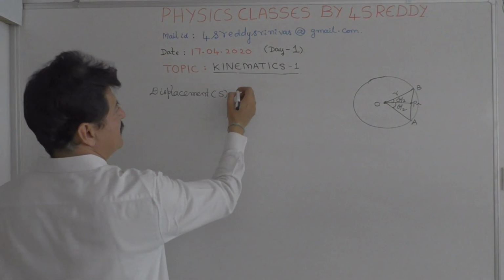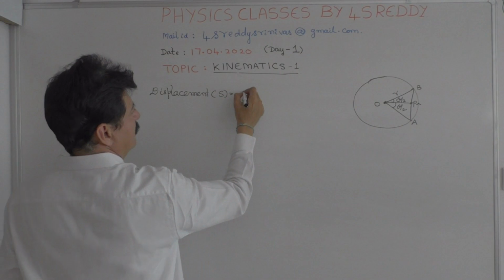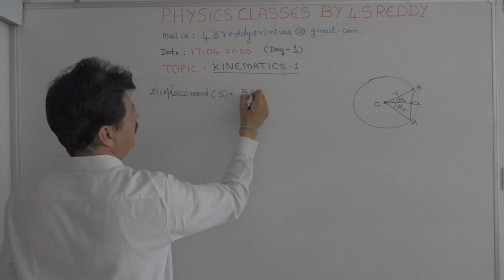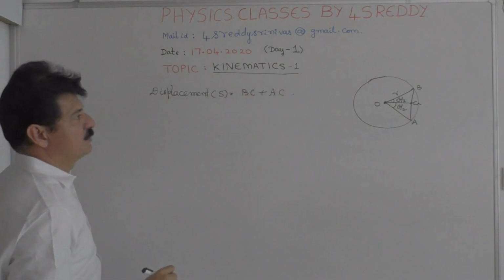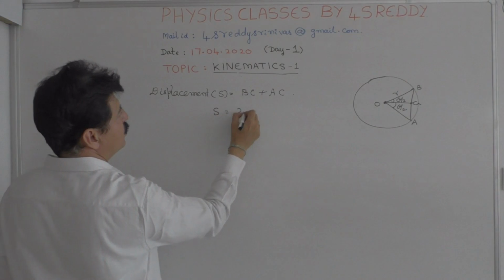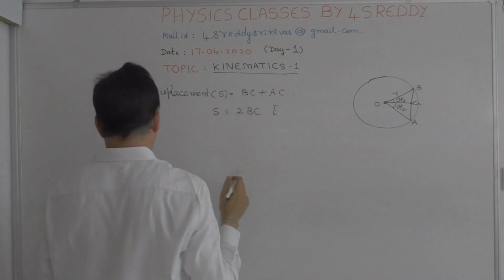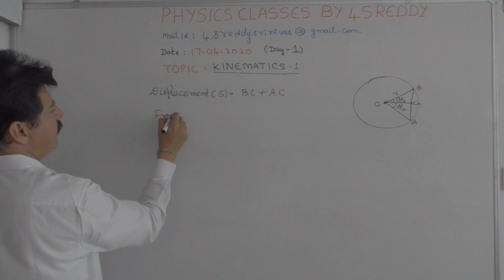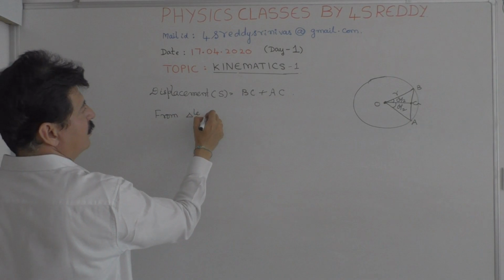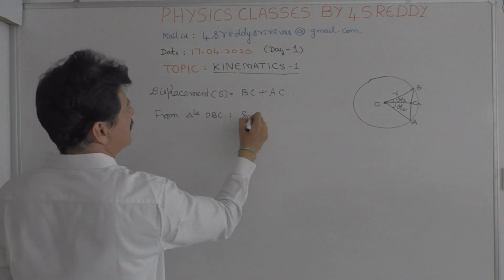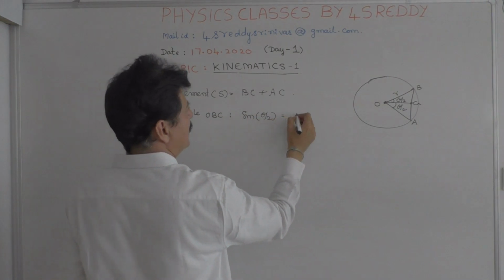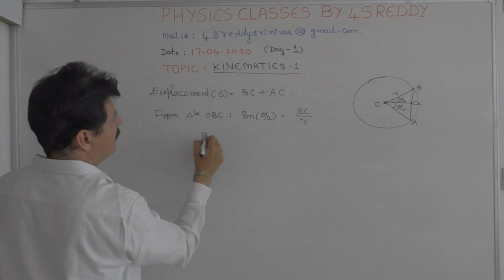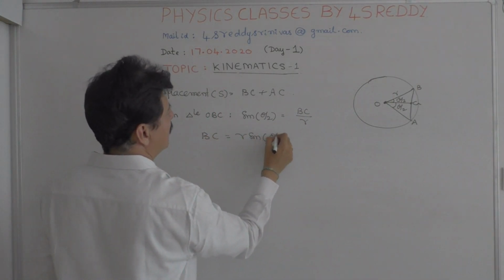Therefore, displacement is nothing but, suppose I take the midpoint as C, then BC plus AC gives the displacement. But here S is equal to 2BC. For BC we can write from triangle OBC: sin theta by 2 is nothing but BC by R, or BC is equal to R sin theta by 2.